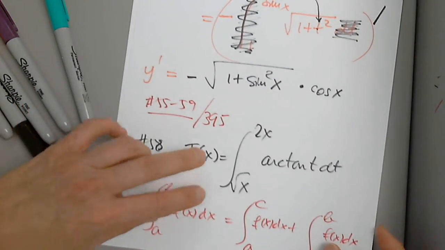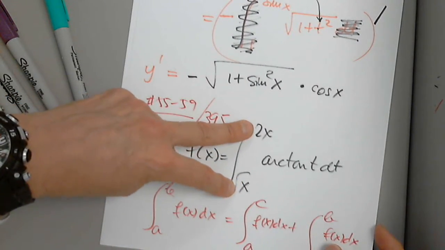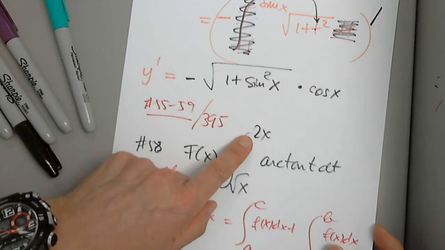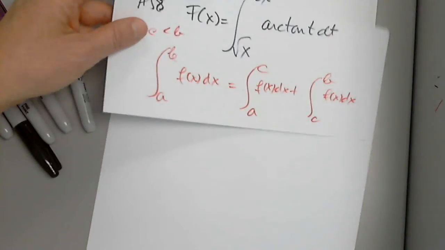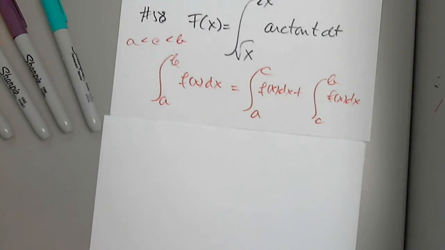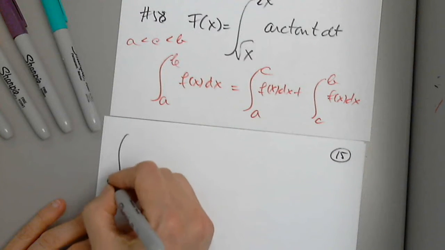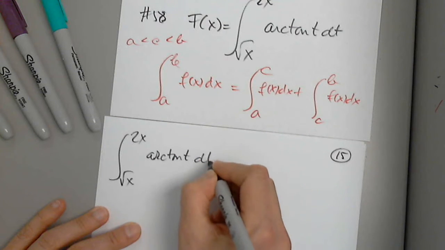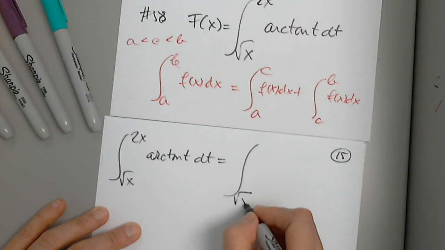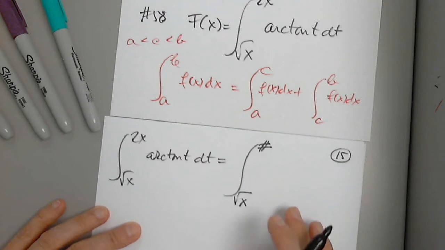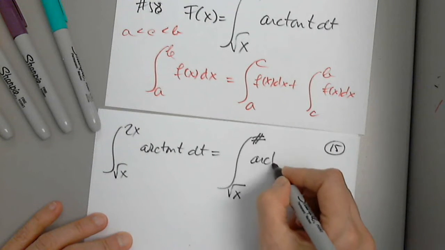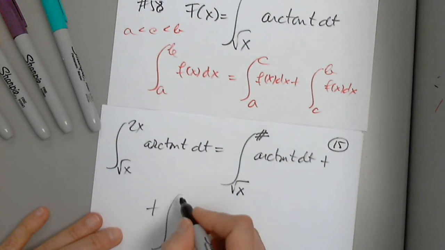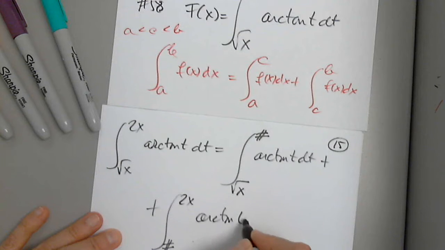But now you can say, where will you break this interval? Where do you know where it is, first of all? How would you break the square root of x, comma 2x? Where will you break it? So then the integral from the square root of x to 2x of arctangent t dt is the integral from the square root of x to whatever you want, I don't care, plus from the same number to 2x of arctangent t dt.